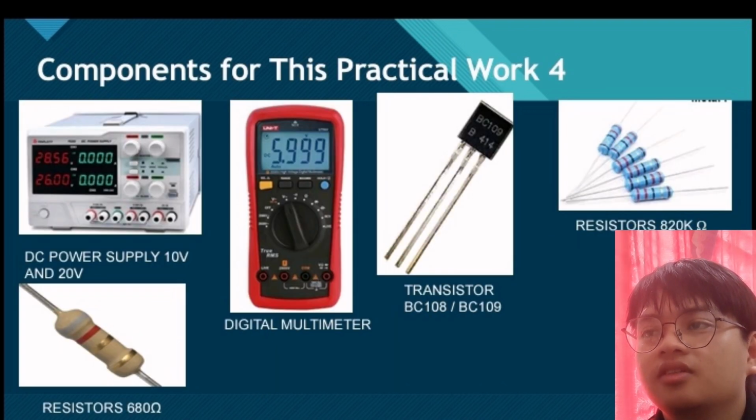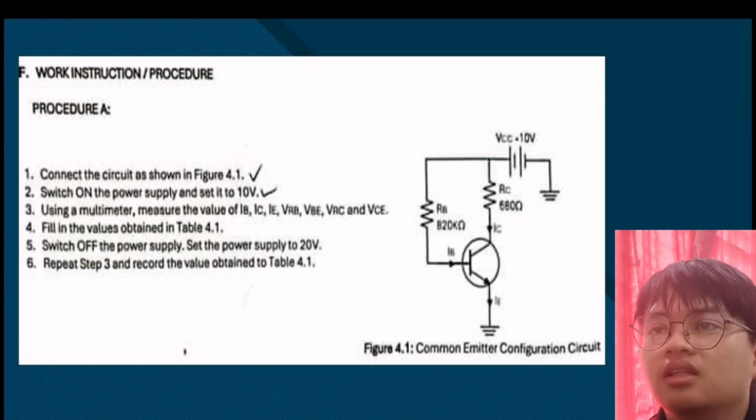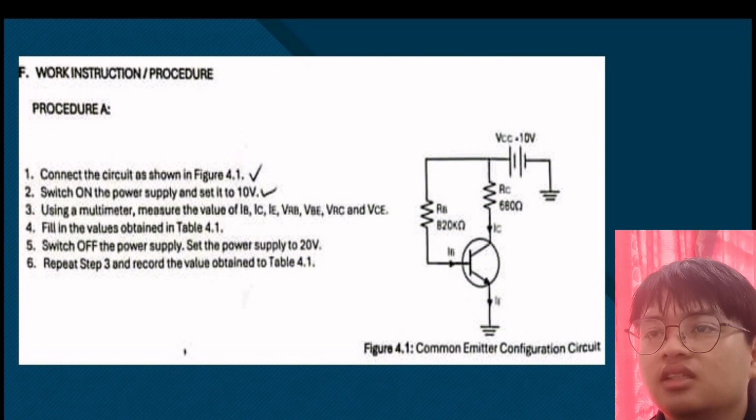This is the component list for this practical work 4. We have DC power supply 10 volt and 20 volt, resistor 680 ohm, digital multimeter, transistor BC108, BC109, and resistor 820k ohm. For the work instruction, connect the circuit as shown in figure 4.1.